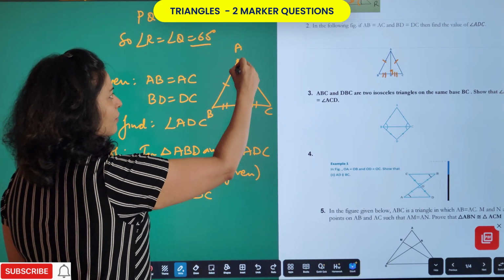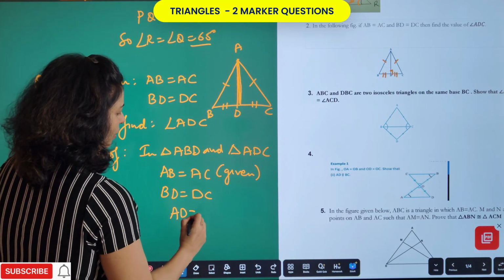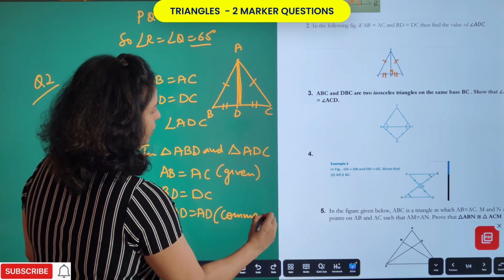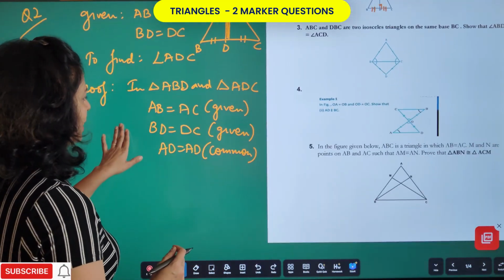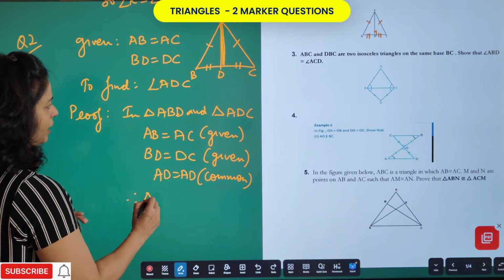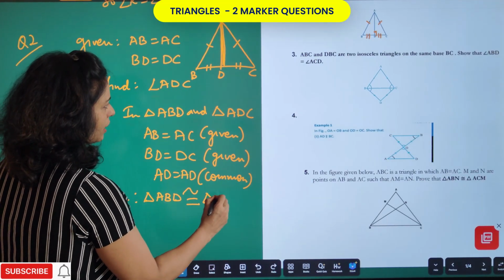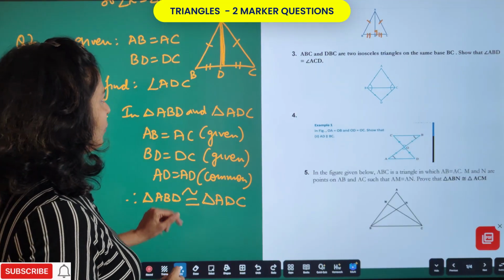And the side which is common is AD. So AD is equal to AD, it is a common side to both the triangles. Therefore triangle ABD is congruent to triangle ADC. So like this we prove the congruency.